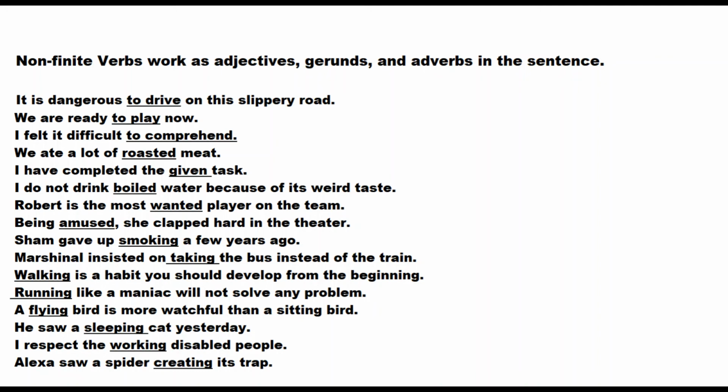We ate a lot of roasted meat. Again, participle, but it serves the function of an adjective. I have completed the given task. Again, adjective. I do not drink boiled water. Again, adjective. Robert is the most wanted player. Adjective. Being amused. Adverb.